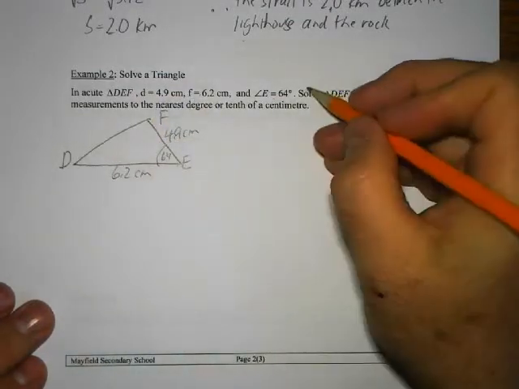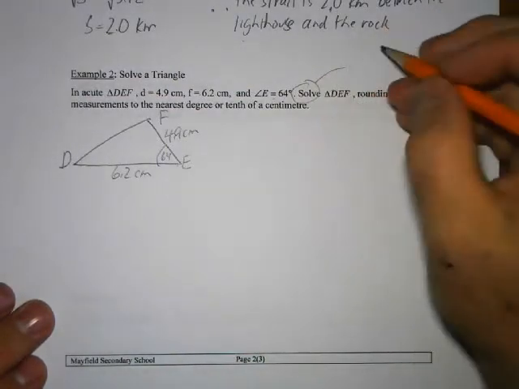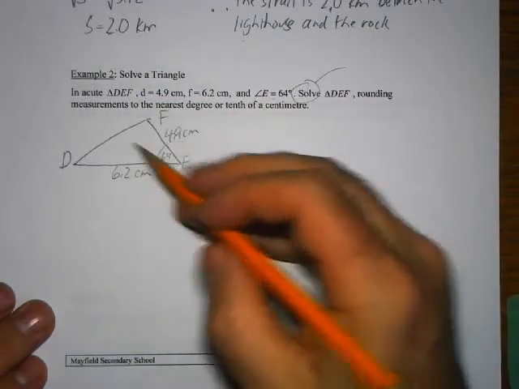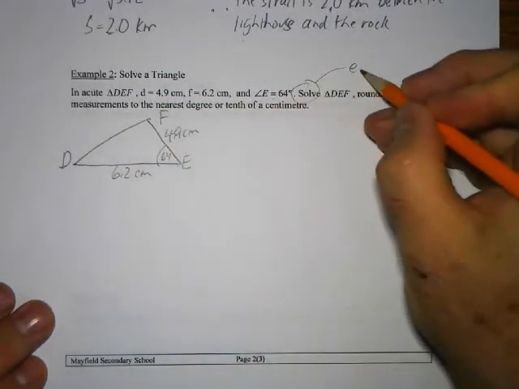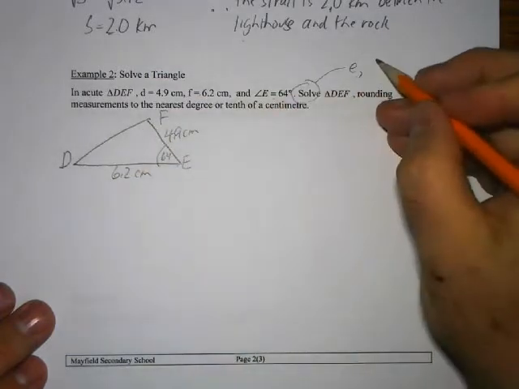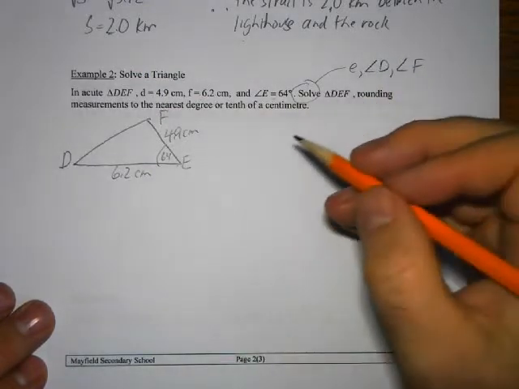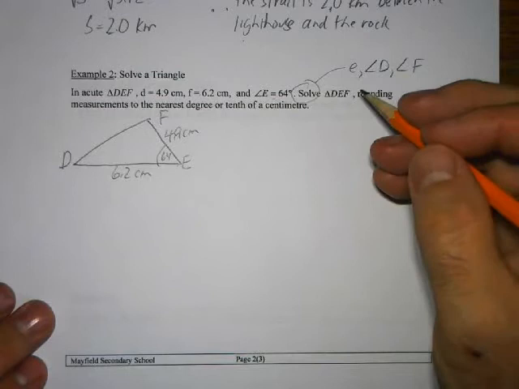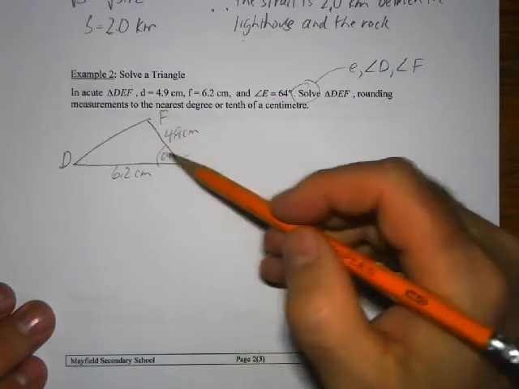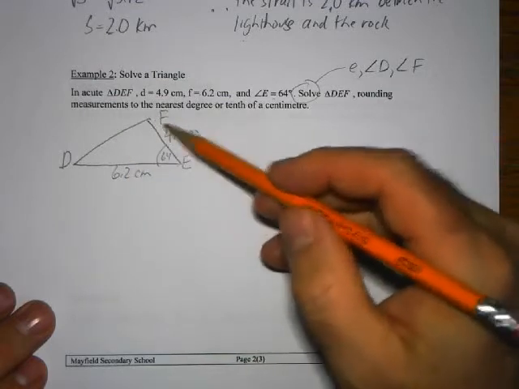Now here's where I was talking about earlier, where it says solve. So we have to actually get three things. We've got these two sides, so we have to get side E. We have to get these two angles here, angle D and angle F. Now we're not going to have a real choice as to what we get first, because when I look at this, I can't use sine law because I don't know a pair of angles inside, but I can use cosine law just like above.